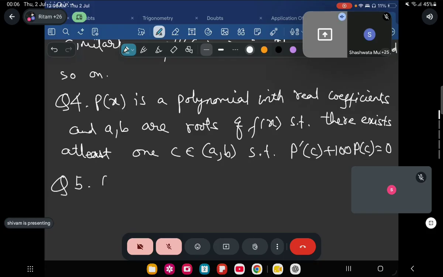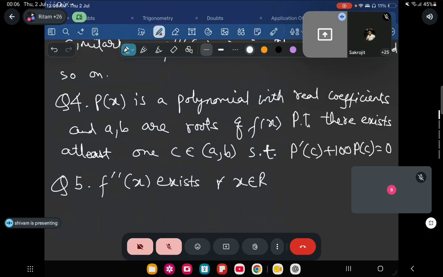Question number 5. F double dash x exists for all x belongs to R. What do we have to find here? Question number 4. What do we have to find here? Show that... I thought "such that"; this actually means "show that", or I'm writing PT.